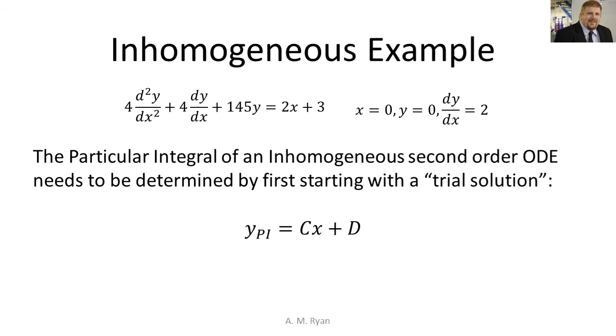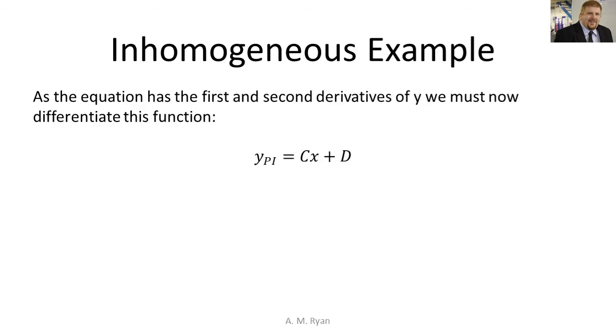So that's what we do next. We differentiate this function twice. Now the differential of cx plus d, d is a constant, will disappear. C times x differentiates, so dy dx is just c, and the differential of a constant is 0, so d squared y dx squared is 0. So now we have y, dy dx, and d squared y dx squared.